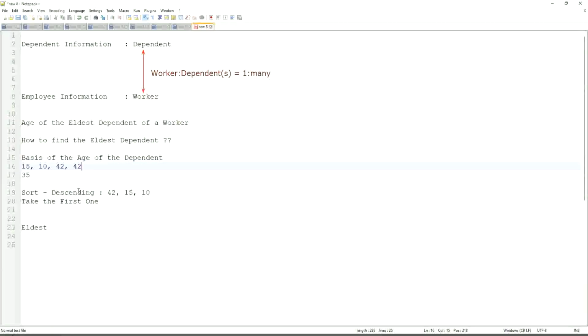Okay. But in this case, let's say you have more numbers like 42, 43, 75, 82, and so on. If one worker has so many dependents, and these are their ages, will the logic that we have defined be absolutely bulletproof?